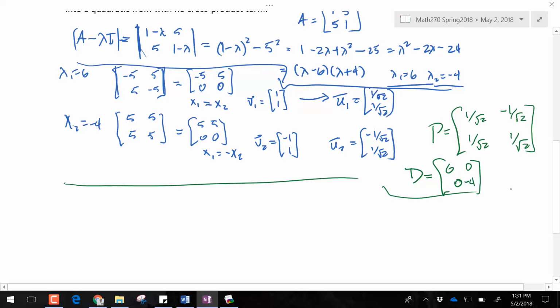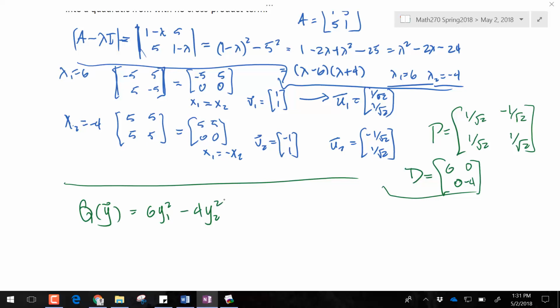So we have our P and our D. If we change this into our new set of matrices, we have our Y. Our Q of Y, this is our diagonal, would be 6y1 squared minus 4y2 squared. And eigenvalues turn out to be square components, almost like a spectrum.